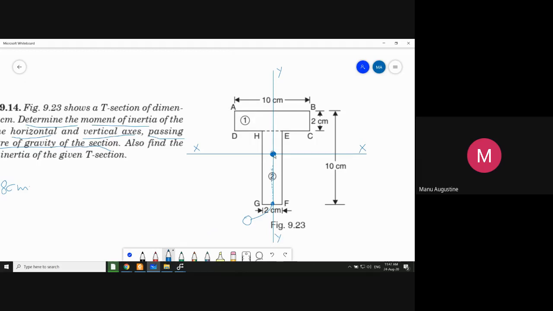Because now you have identified the centroid. So once you have identified the centroid, you draw the yy axis and the xx axis.